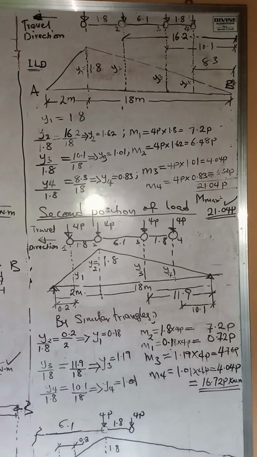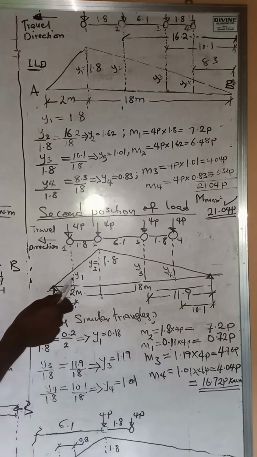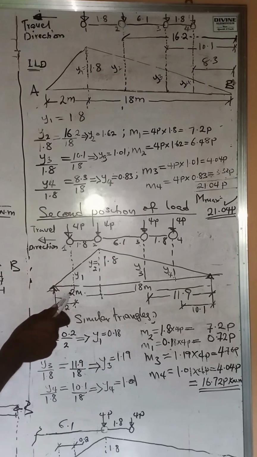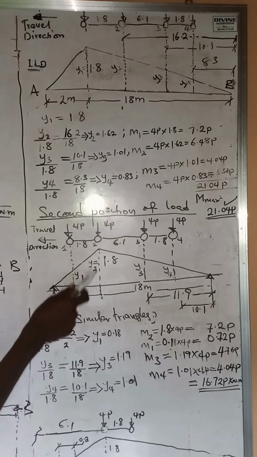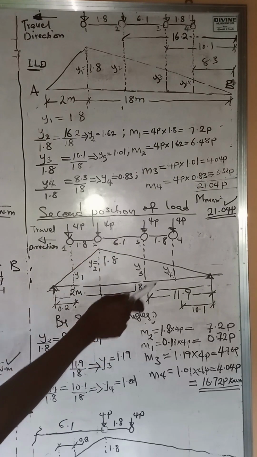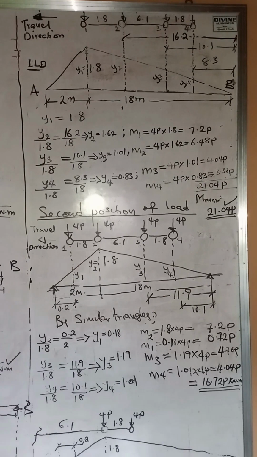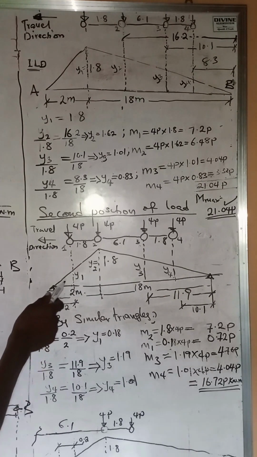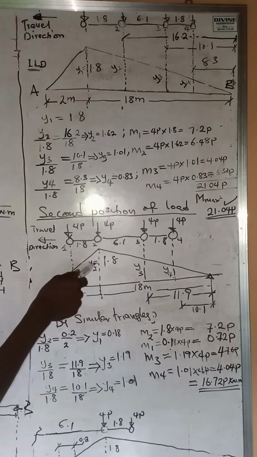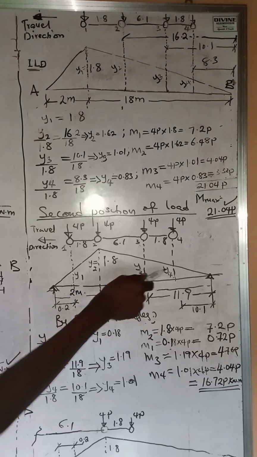All right. So using the principle of similar triangle, we can determine the ordinates of these various points. Let's call the ordinate under axle 1 to be Y1, that of axle 2 to be Y2, that of axle 3 Y3, that of axle 4 Y4. If we do that, we go by similar triangle to determine this. This is already known, this is unknown, this is unknown.